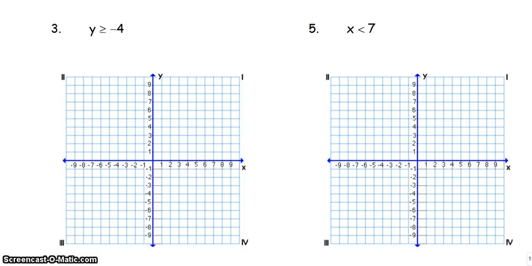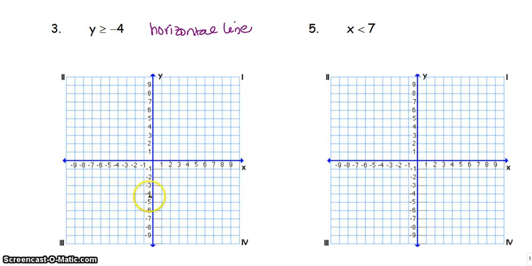Alright, these are our last two graphs. We've got y is greater than or equal to negative 4. Hopefully you have a little lights going off. That's not anything like the lines that we just did. Y equals is a horizontal line. So we've got y equals negative 4.